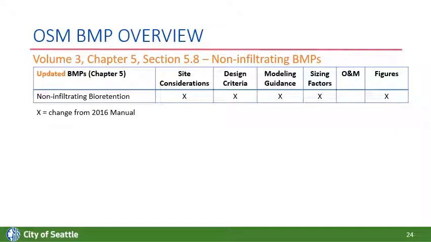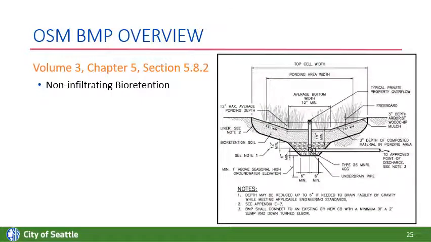Okay, let's see what changed in the new manual for non-infiltrating bioretention. The on-site list sizing table, table 5.45, was updated to align with the water quality treatment sizing factors.